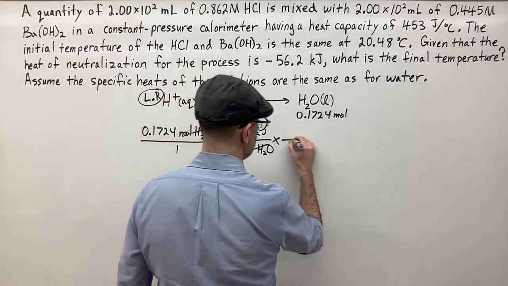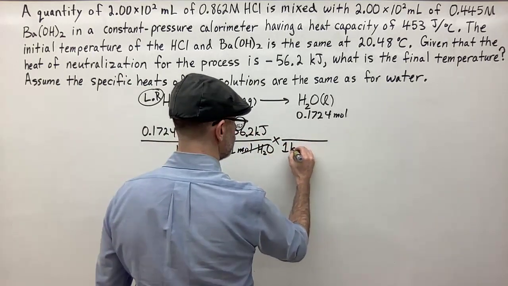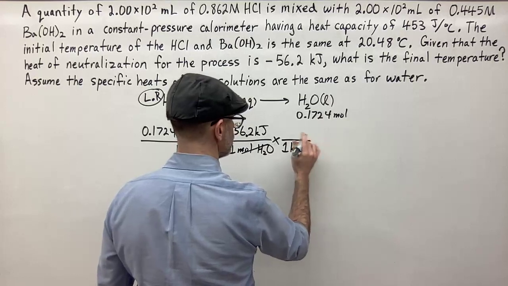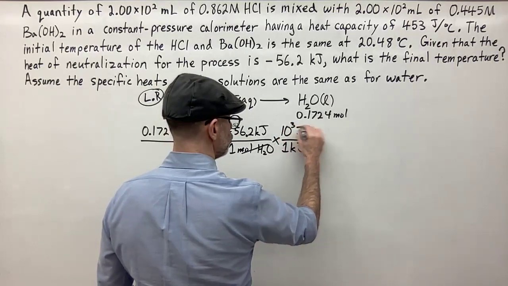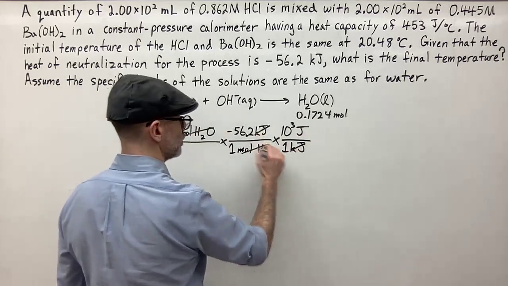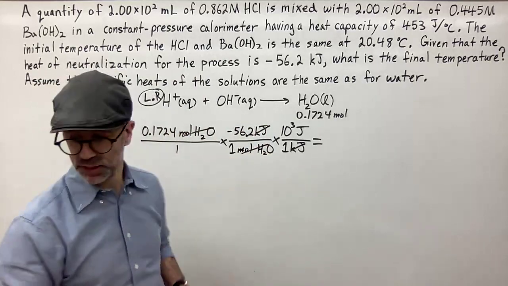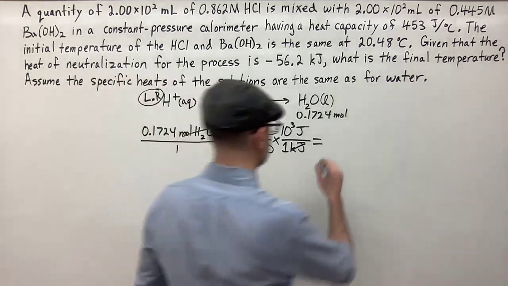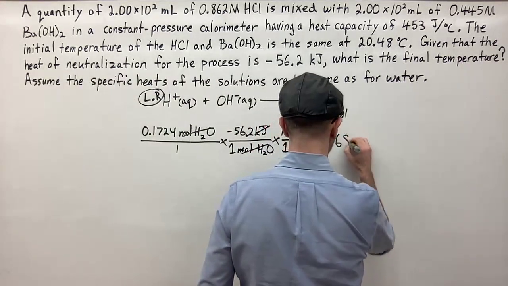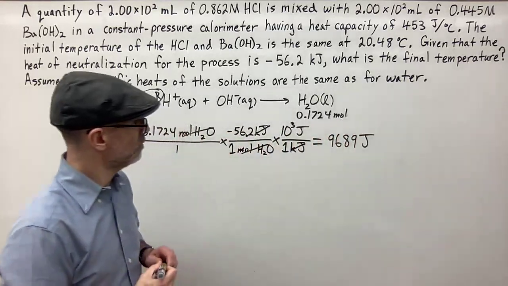So 1 kilojoule of energy is equal to 1,000 joules of energy. Kilojoules cancel out. So if we transform this to joules, then we're going to get 9689 joules of energy produced.